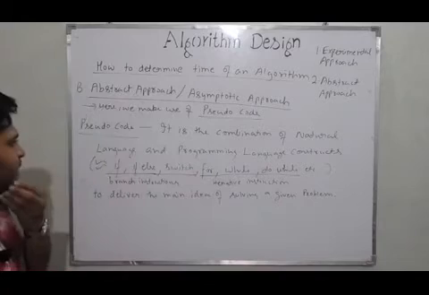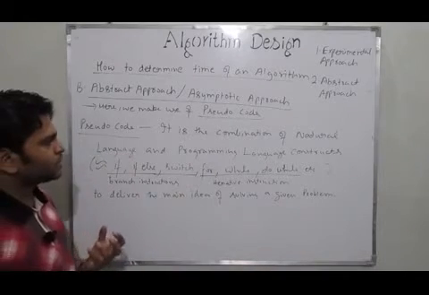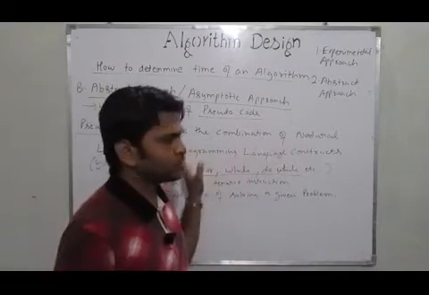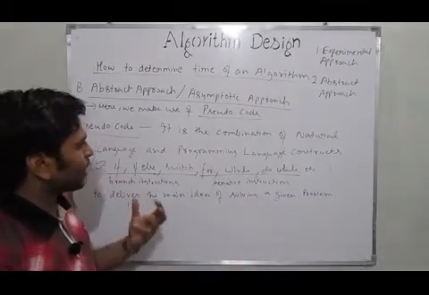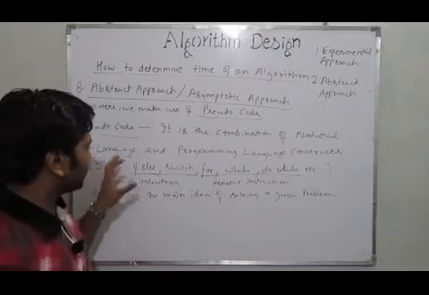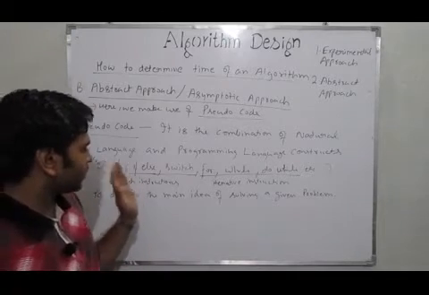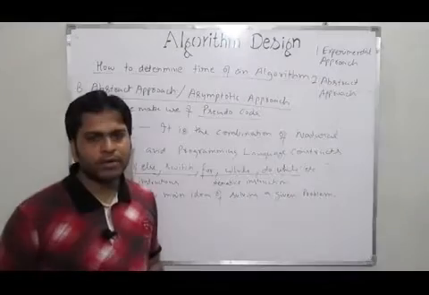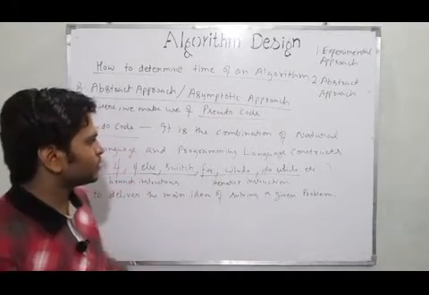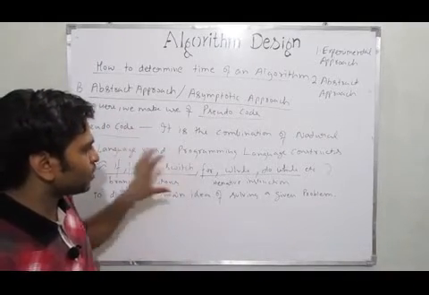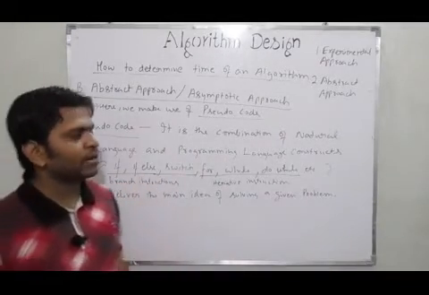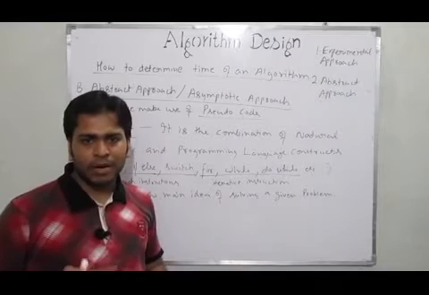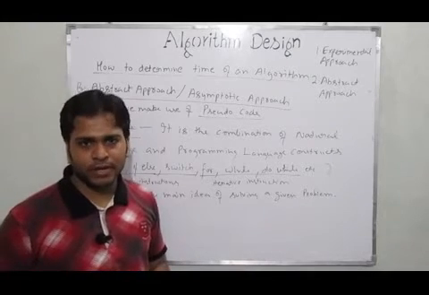Pseudocode is very easy to understand because it involves natural language, and it includes certain programming language constructs to give a taste, a flavor of programming language. It is not entirely natural language and not entirely programming language, but a combination of both that makes it a better choice over the experimental approach.